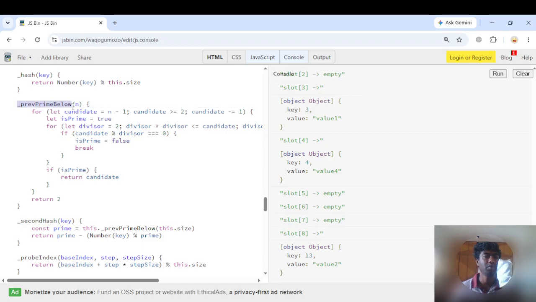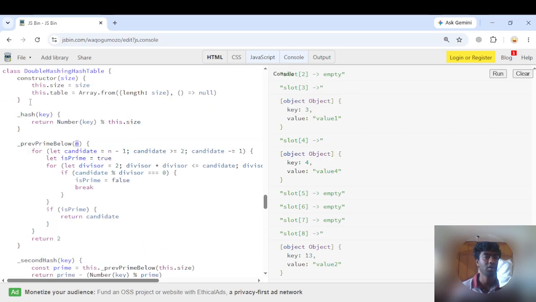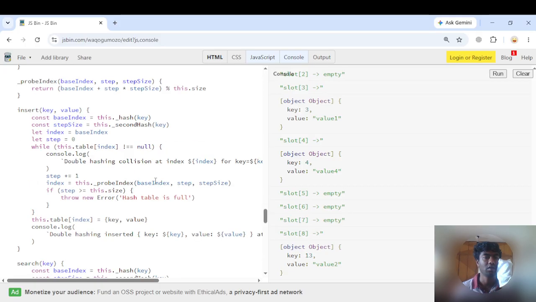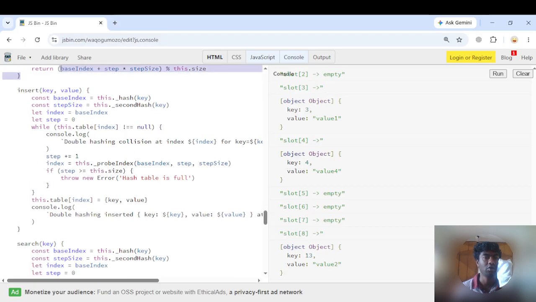Prime number below a specific number, a simple hash function, which is just hash function 1, and the second hash, which is the calculation of the prime number minus the key modulus of prime, and we add it to the base index, that is hash 1, plus i times the second hash, right? And the entire thing modulus by size.